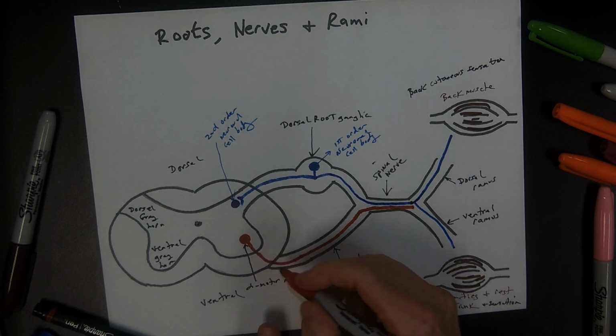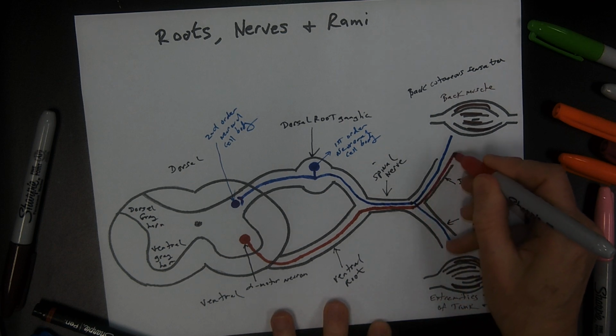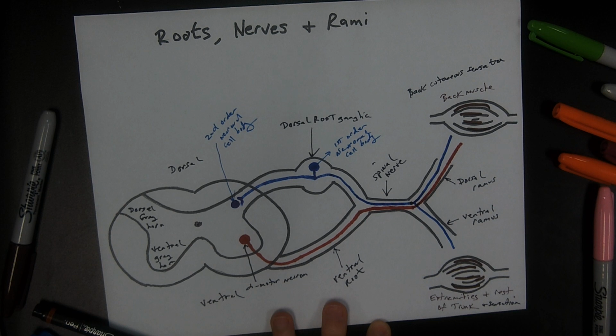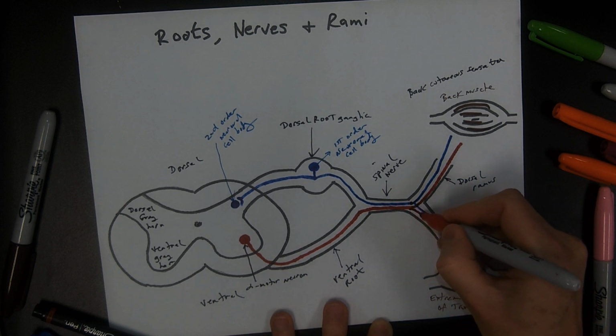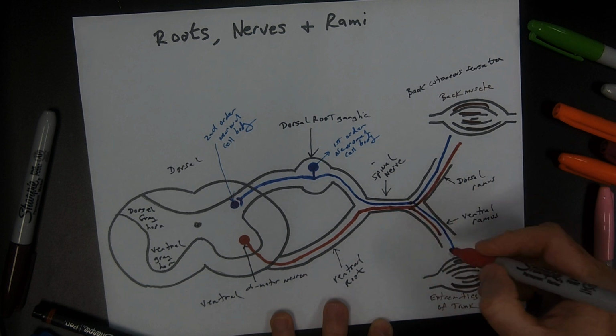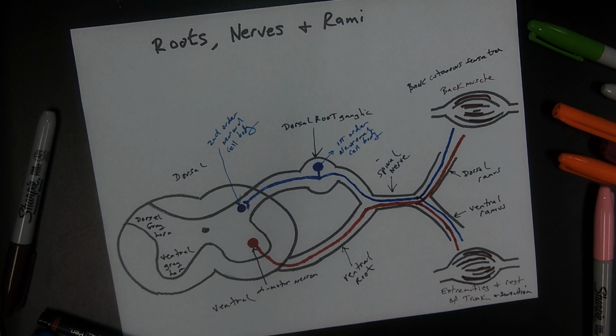This alpha motor neuron axon coming through here travels through the dorsal ramus to innervate back musculature, and it also can travel through, or if it's destined for the extremities and trunk, it's going to travel through the ventral ramus to get to the extremities and trunk.